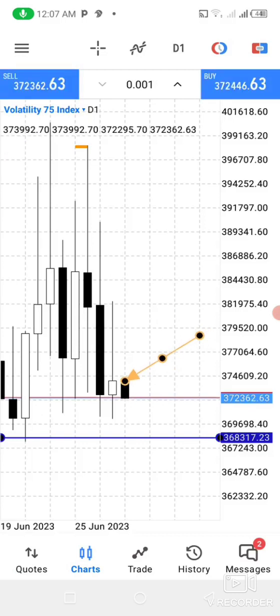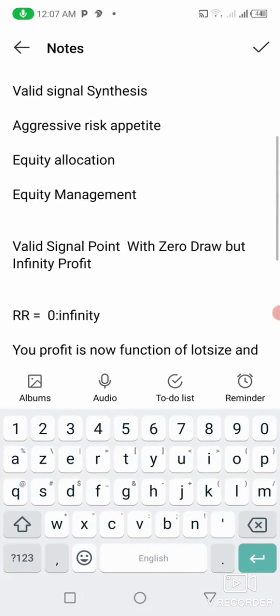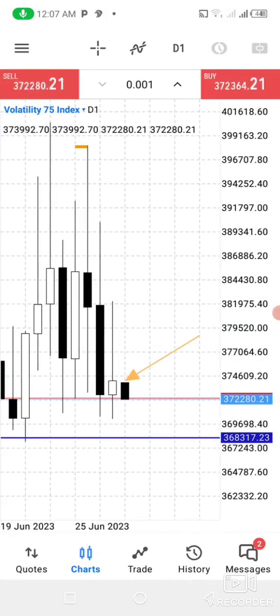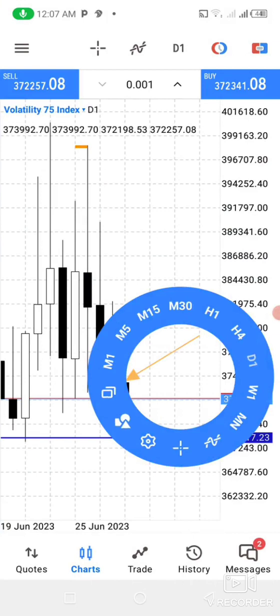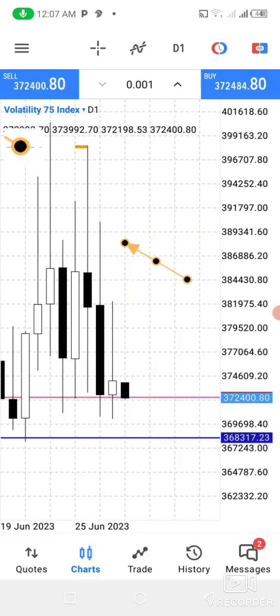Okay, you can just take this risk. Let's say I'm not going to bring equity allocation, equity management and capital allocation. Let's assume you have a hypothetical $600. You are going to divide this $600 into three, that is, you will now have $200.